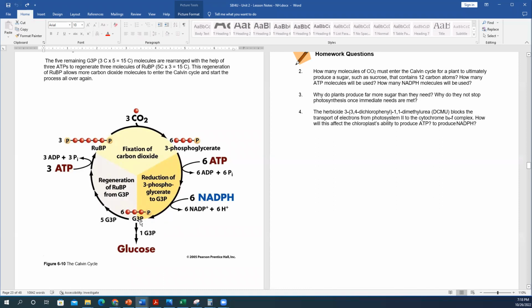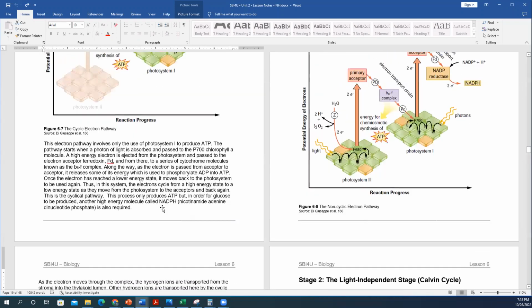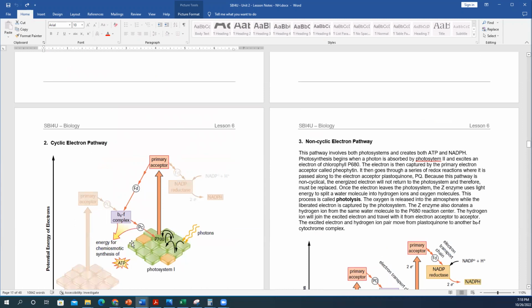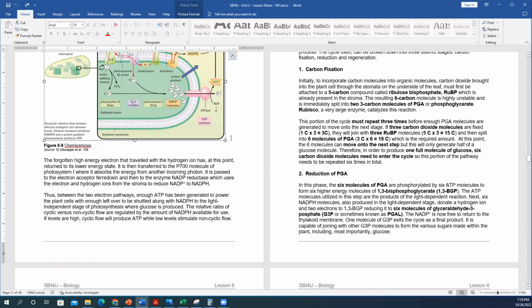And then you have this glyceraldehyde 3-phosphate, which then gets converted into glucose. And glucose then is a chemical form of energy that can be used. So the energy that was taken up from the sun at the photocenter is now used to create glucose, as well as some ATP.